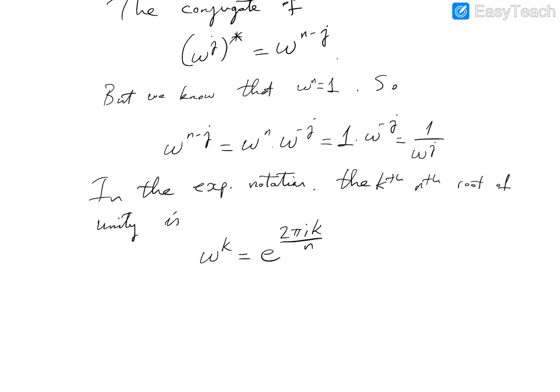So its complex conjugate is omega to the k star, and that's equal to e to the power minus 2 pi i k over n.